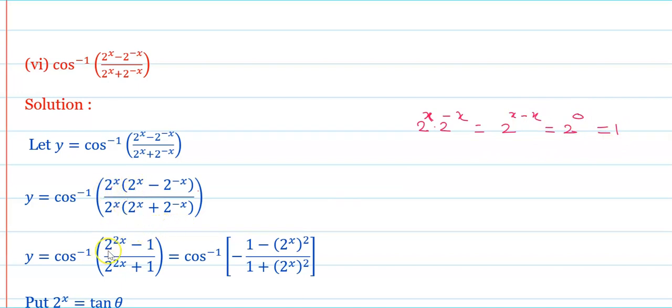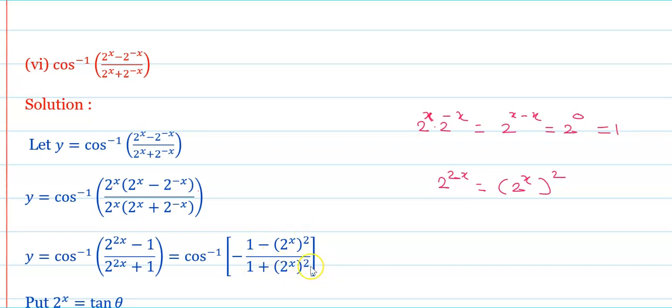Therefore, in the numerator we get 2 raised to 2x minus 1, and in the denominator 2 raised to 2x plus 1. Now we take the minus sign as common, then you will get 1 minus 2 raised to x bracket square. This 2 raised to 2x can be written as 2 raised to x bracket square: 1 minus 2 raised to x bracket square upon 1 plus 2 raised to x bracket square.